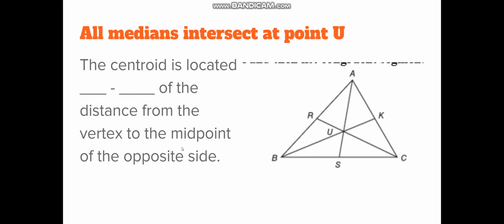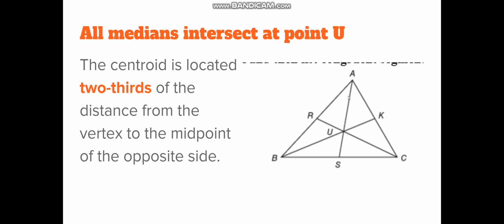because the centroid is located, it's not always located the exact number, so we don't have a constant number, but we have a constant ratio. The centroid is located 2/3 of the distance from the vertex to the midpoint.